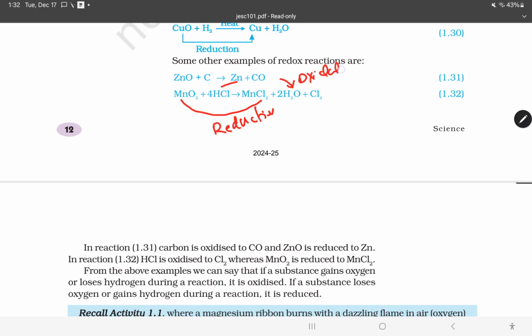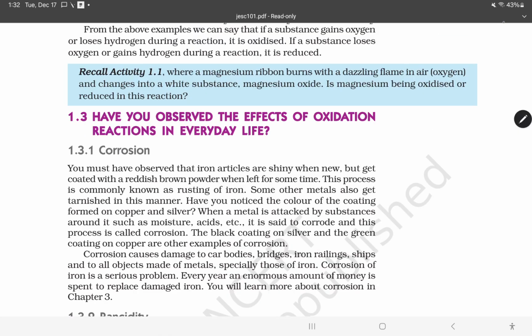So this is also an example of a redox reaction, right? In the previous case also, the first example, we took a magnesium ribbon and burned it in a dazzling flame. A white substance got formed, that is magnesium oxide. So that is also an oxidation process.